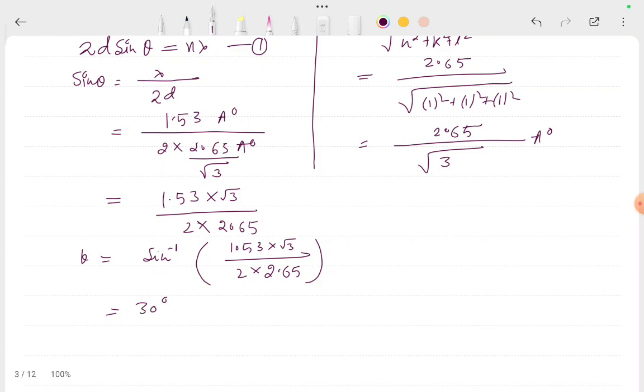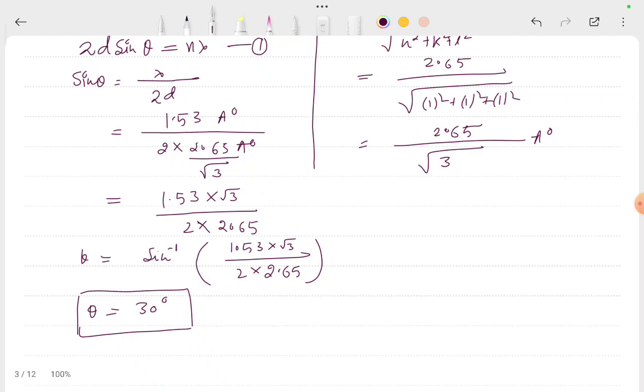Just calculate it using the calculator software on your PC, mobile phone, etc. So this is the value of this angle.